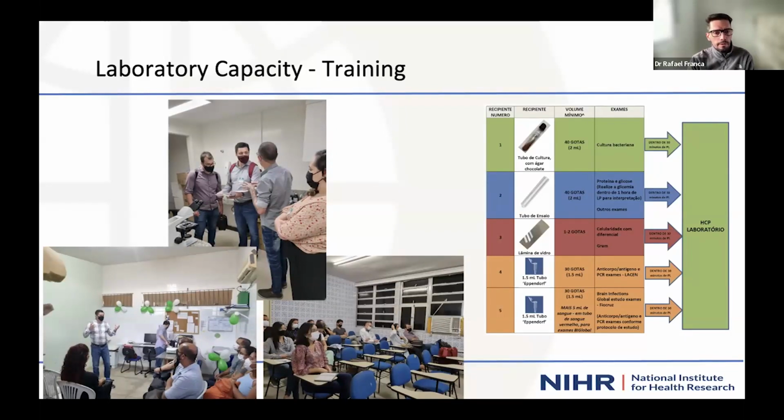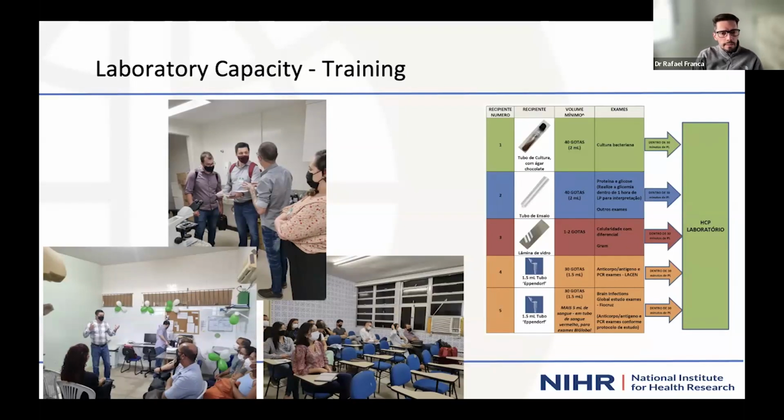And on the right side, you can see a laboratory CSF flow chart. We stuck that in the hospitals as well, and we informed which tubes should be collected, how many tubes, how much volume should be collected, and where to forward the samples for the proper laboratory diagnostics.